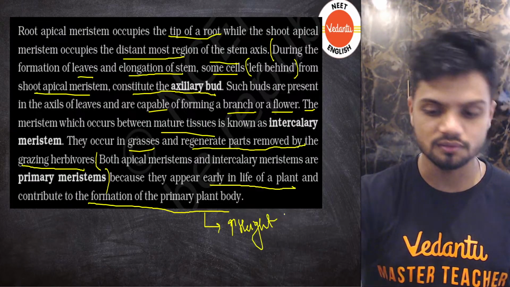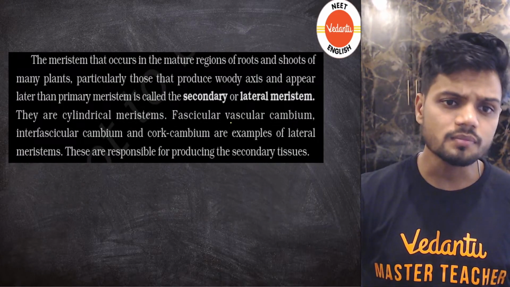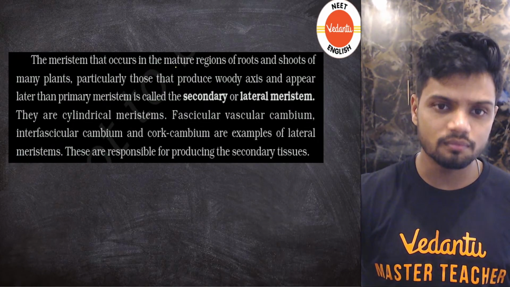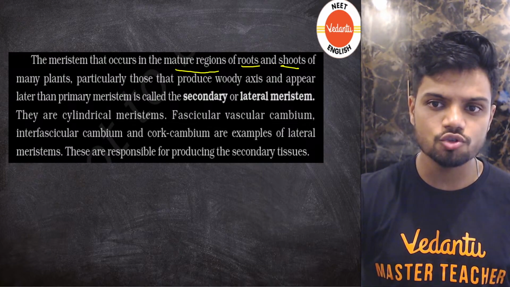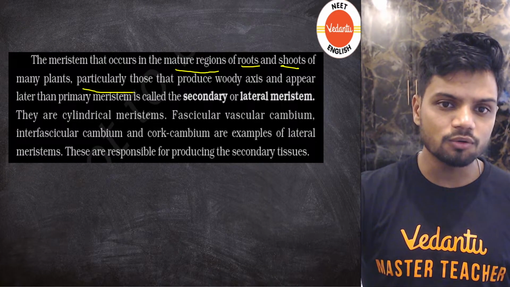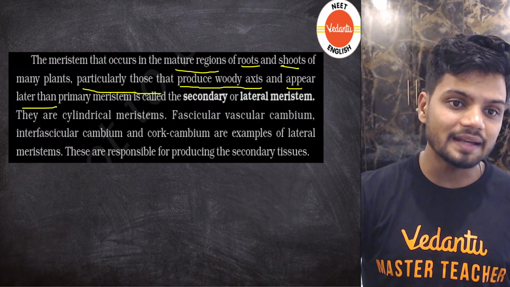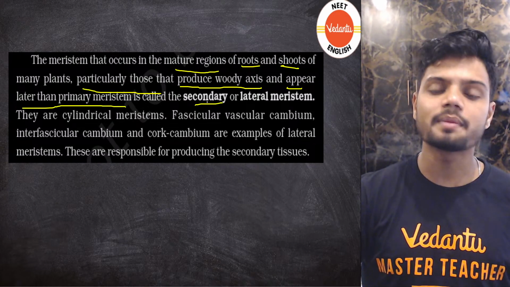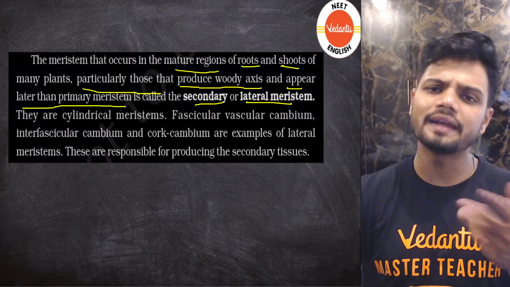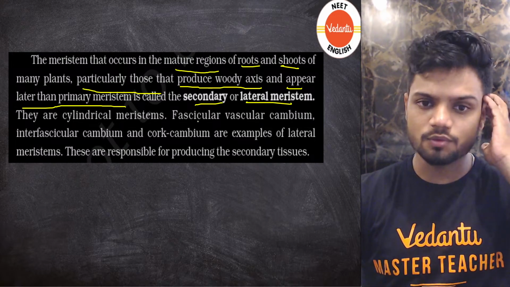Now, meristem that occurs in mature regions of the root and shoot of many plants, particularly those that produce woody axis, and appears later than the primary meristem, is called secondary meristem or lateral meristem, found later in the plant's life. Here you need to understand, students, what is the difference?